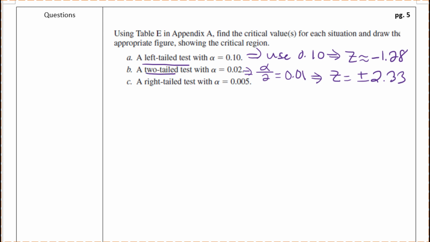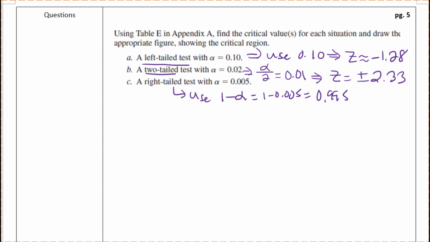So for the right-tailed test, we're going to be using 1 minus alpha, right? So we got to do 1 minus 0.005, which is 0.995.